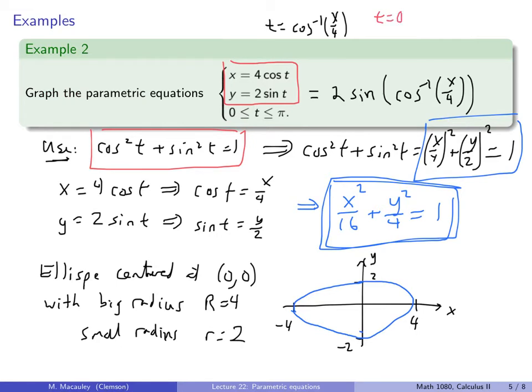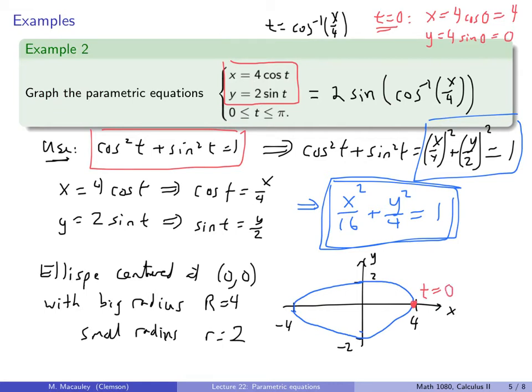At time equals 0, x equals 4 times cosine of 0, which is 1, so x equals 4, and y is 4 sine of 0, which is 0. So at time equals 0, our ant is right here. Our hero begins on the x-axis.